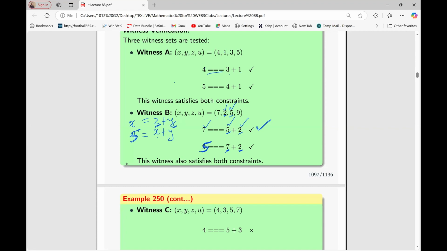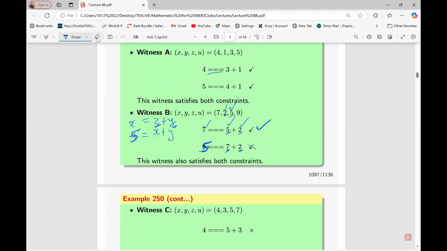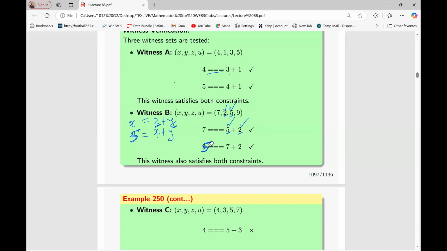So that means this constraint is not satisfied. I think I typed 9, but it's not satisfied, because the constraint from our question is supposed to be 5 equals x plus y. But 5 is not equal to x plus y. So that means the witness given is not correct.